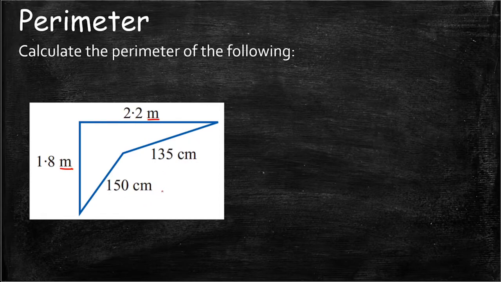So you can either convert everything into meters, or you can convert everything into centimeters. I'm going to convert everything into meters. So if we look at our flow chart that we had on the previous lesson, what we should know is that to go from centimeters to meters we have to divide it by 100.